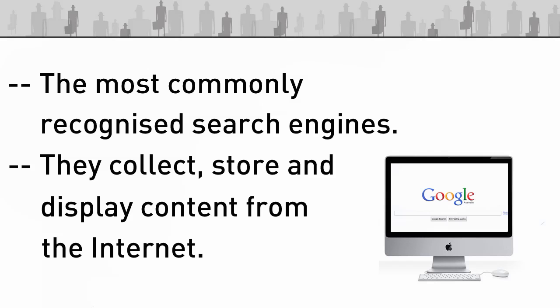By far the most commonly recognised search engines are the web search engines. And the biggest of those is Google. So when we think about search engines, often we think about Google and we think about web search engines, even though there are other sorts of search engines around. Now, the job of a web search engine particularly is to collect, store and display content from the internet.